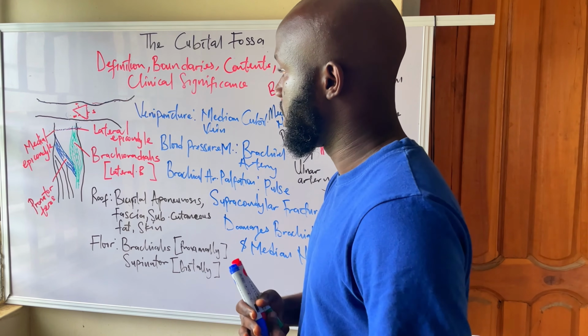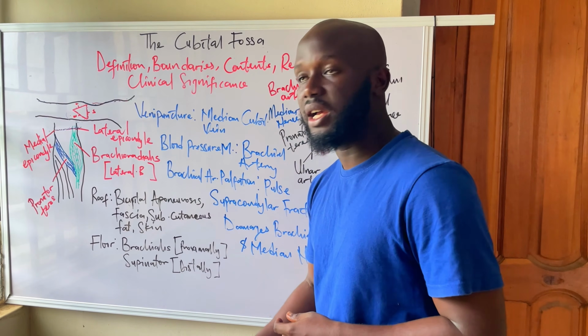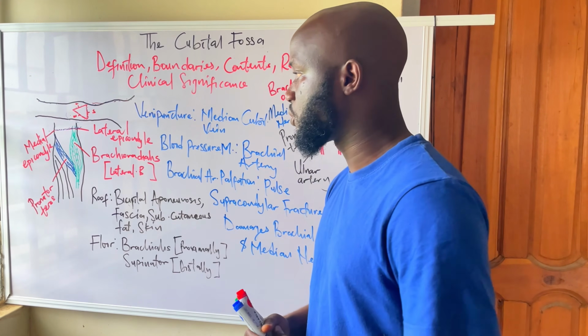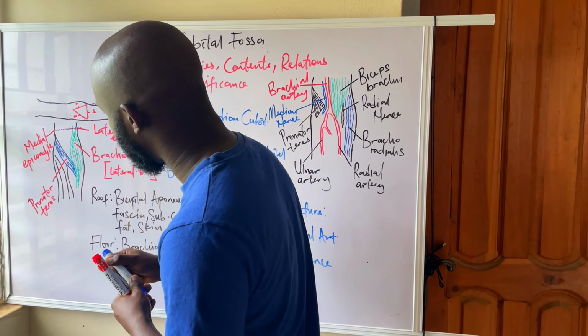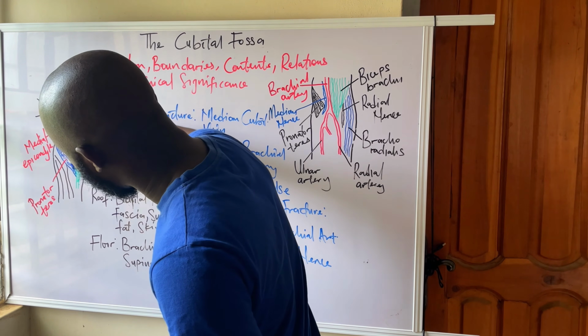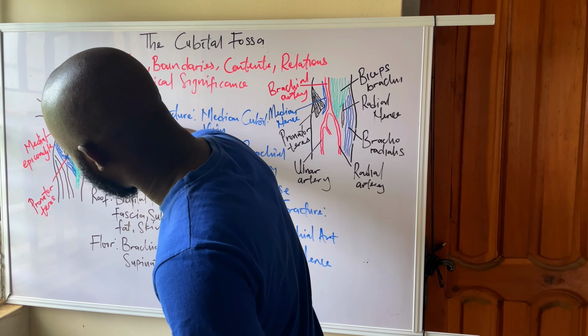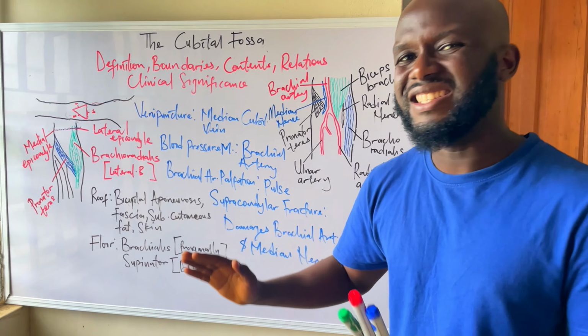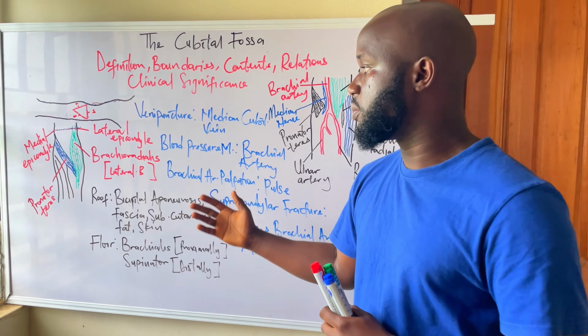The medial border of the cubital fossa is formed by the lateral border of the pronator teres muscle. If this is the pronator teres muscle, its lateral border forms the medial border of the cubital fossa.